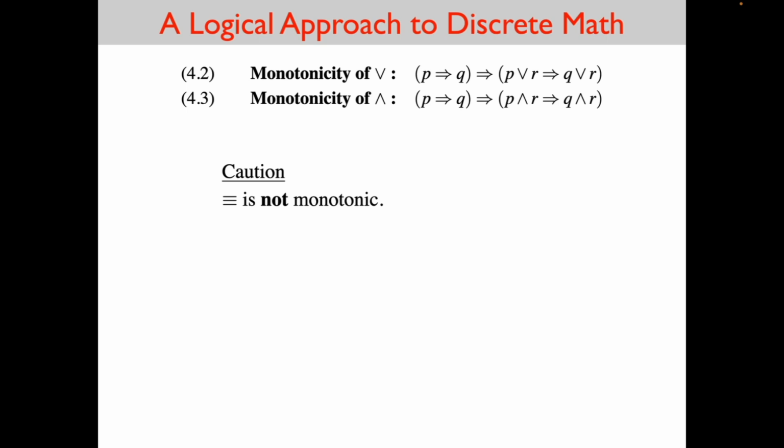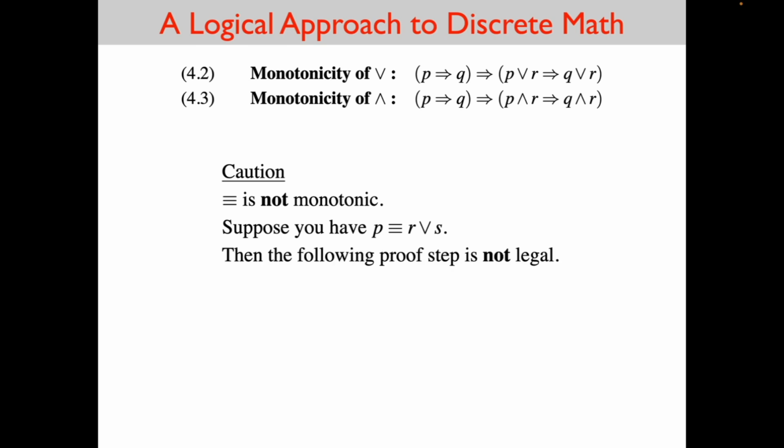But we do not have monotonicity of equivales, because equivales is not monotonic. Now what does this mean? Suppose you have P equivales R or S, and you know that P implies Q. The following proof step is not legal.